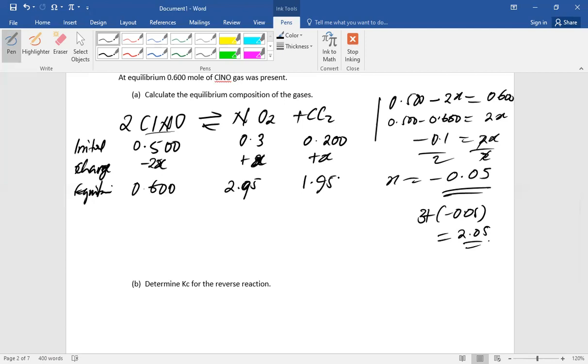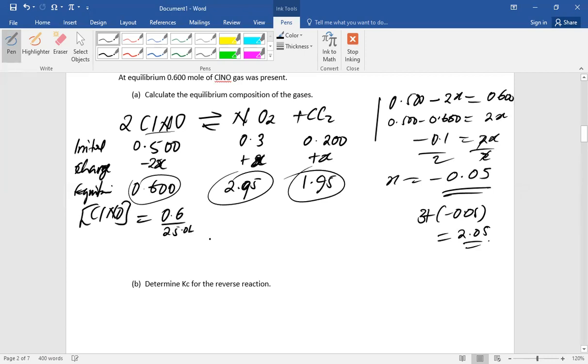So to get the concentrations, the concentration is equal to moles over liters. So 0.600 mole over liters, which is 0.6 divided by 25.